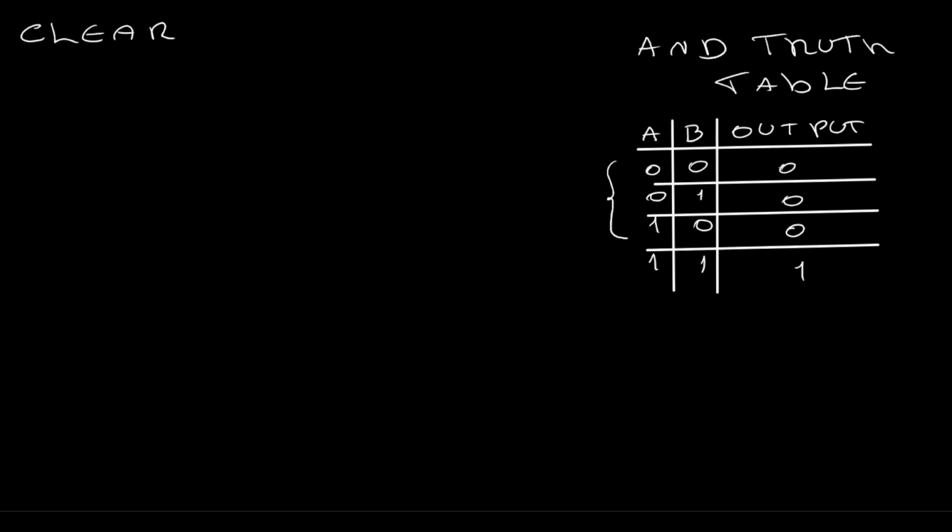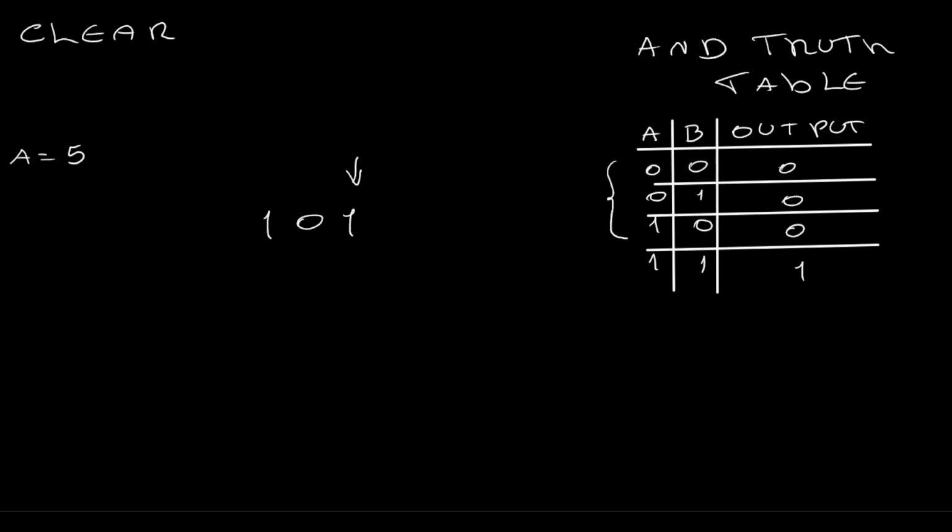For example, let's say I have the variable a that holds the value 5. The number 5 in binary is represented by the digits 1, 0, 1. What if I want to clear this first bit here? If we look at the table, to get the output 0, we need to pass the value 0 in one of the inputs.